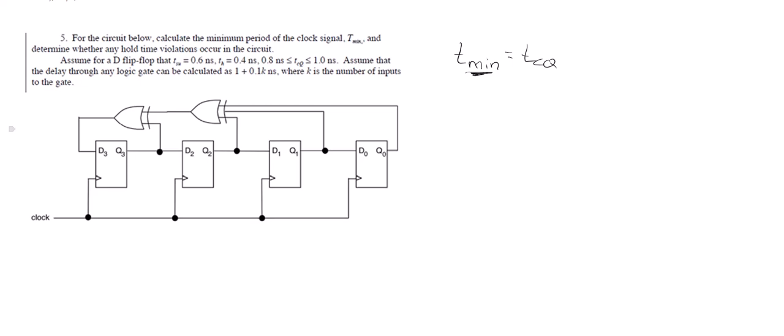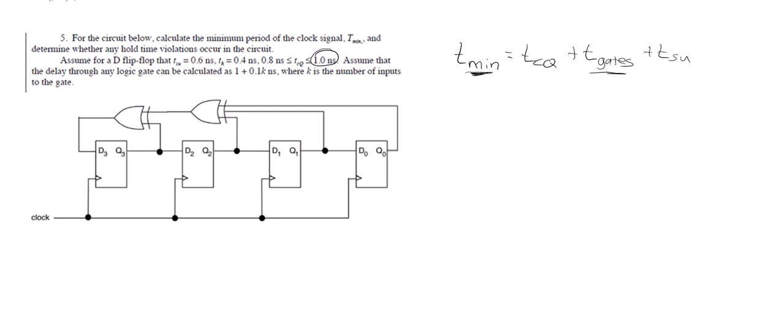So worst case scenario. Even though it says minimum, we're actually looking for the maximum amount of time that could pass. So that'd be the propagation delay, and we'll use the big end of that, plus the amount of time to go through any gates, plus the setup time for a flip-flop.